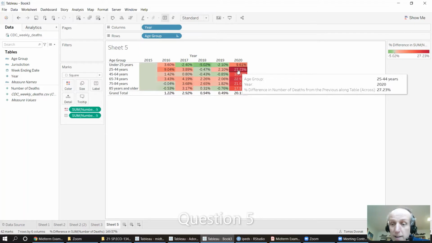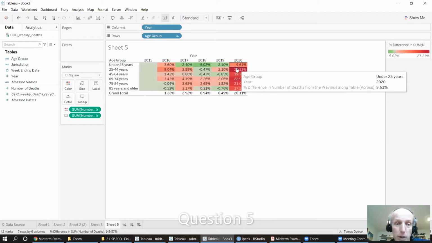The highest is actually the middle-aged, 25 to 44 years old, that they had the highest percentage increase in number of deaths from year to year. Okay, pretty disturbing, pretty stark evidence of the effect of COVID.